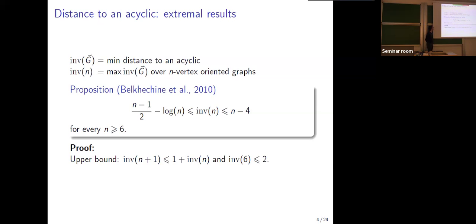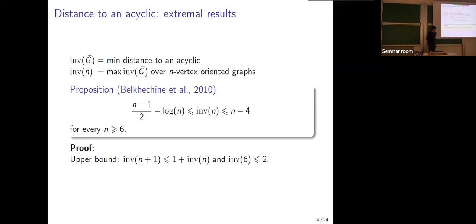This notion of inversion was defined in a paper where they investigated this question and gave this estimation. The upper bound is at most n minus 4, and the lower bound is n/2 minus log n minus 4. And the proof was quite simple.